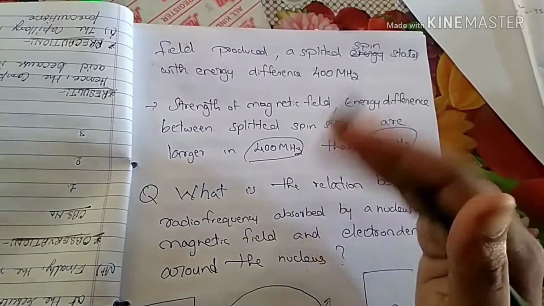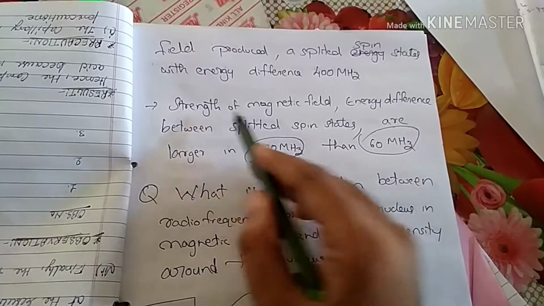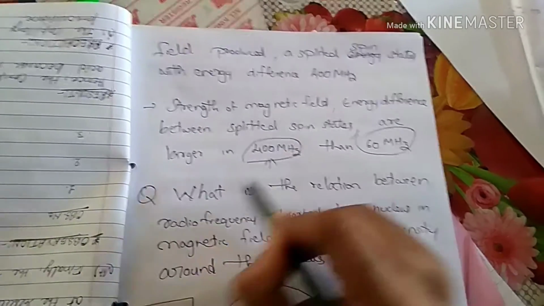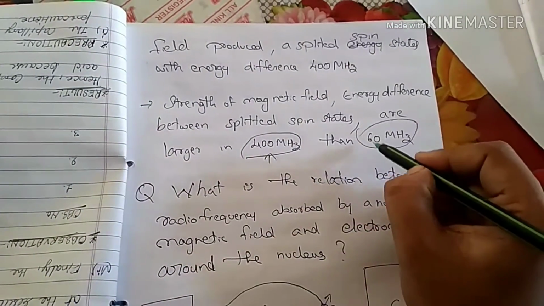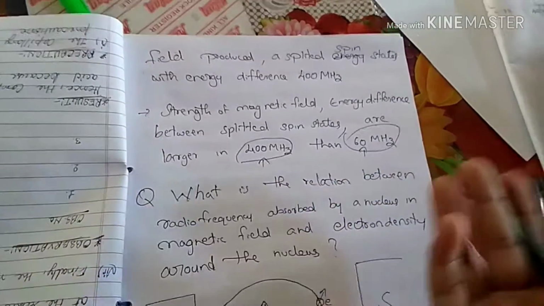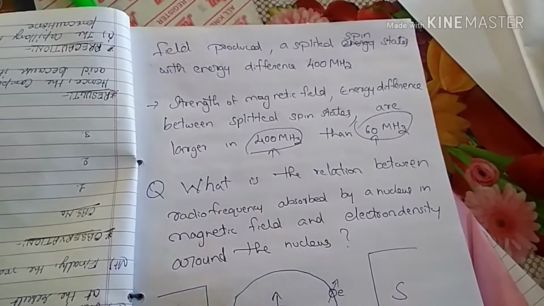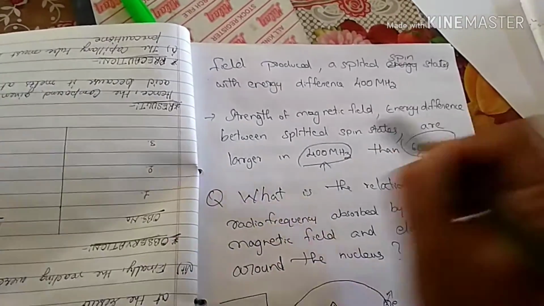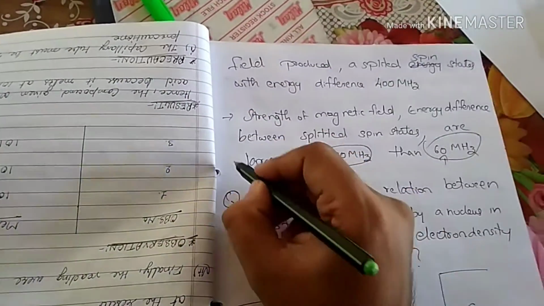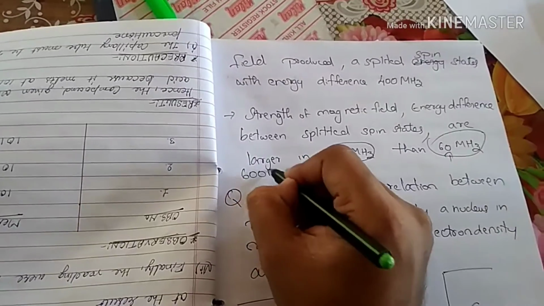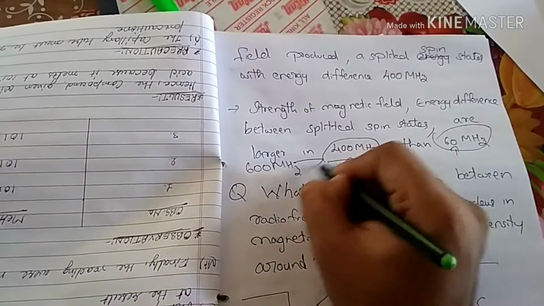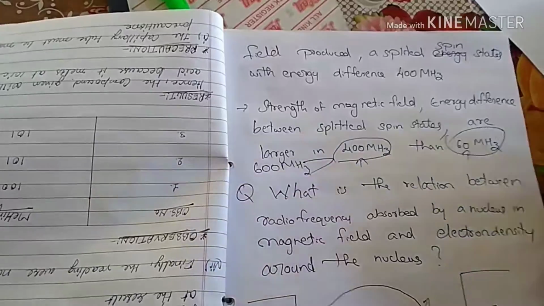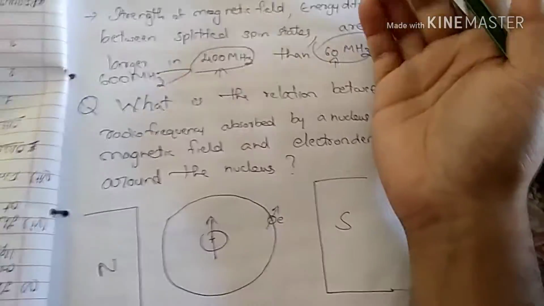If somebody asks about 400 megahertz and 600 megahertz, in which case will the energy difference be larger? Of course, 600 megahertz. First 600 megahertz, then 400 megahertz, then 60 megahertz. It will be like that.